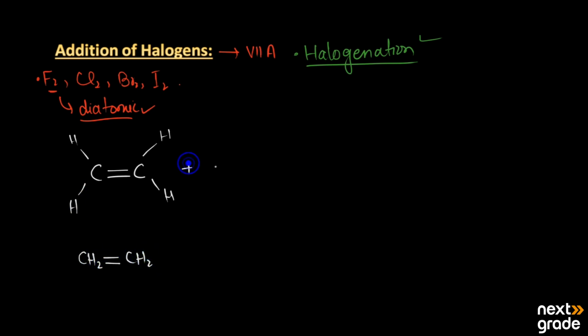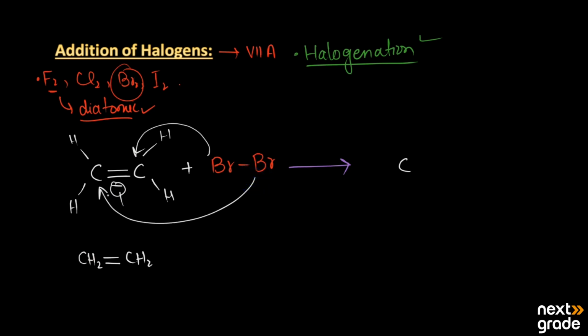When we add a simple halogen like bromine, Br2, then after the reaction we gain the product like this: the double bond is removed and a halogen atom is added to each carbon.